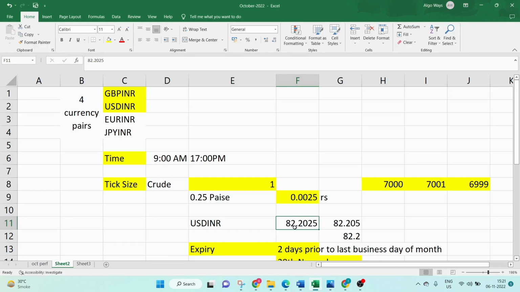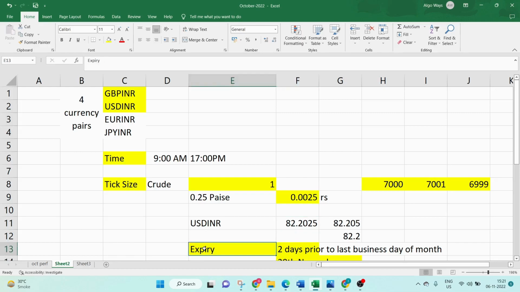So from 82.2025 it can either go up to 82.2050, or if it goes down one tick, it will be at 82.20. So I hope the concept of tick is understood specifically in CDS.